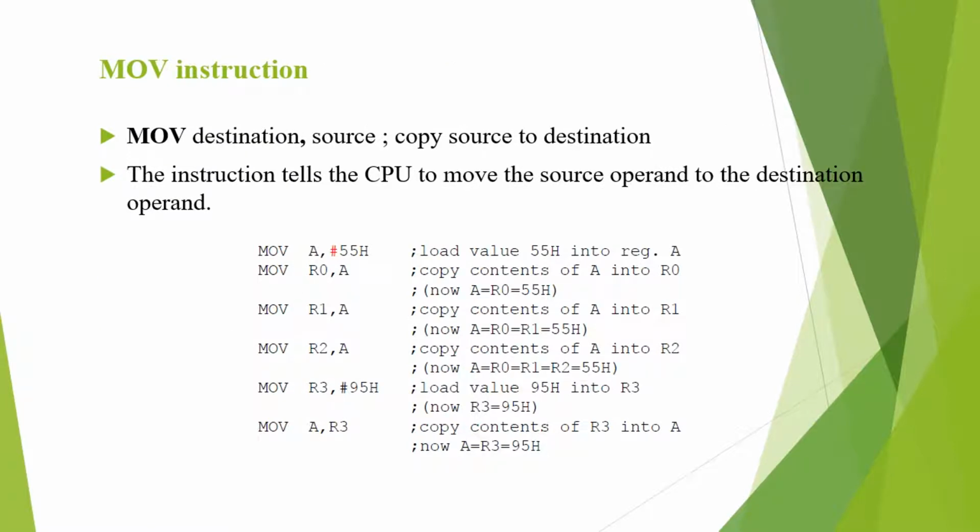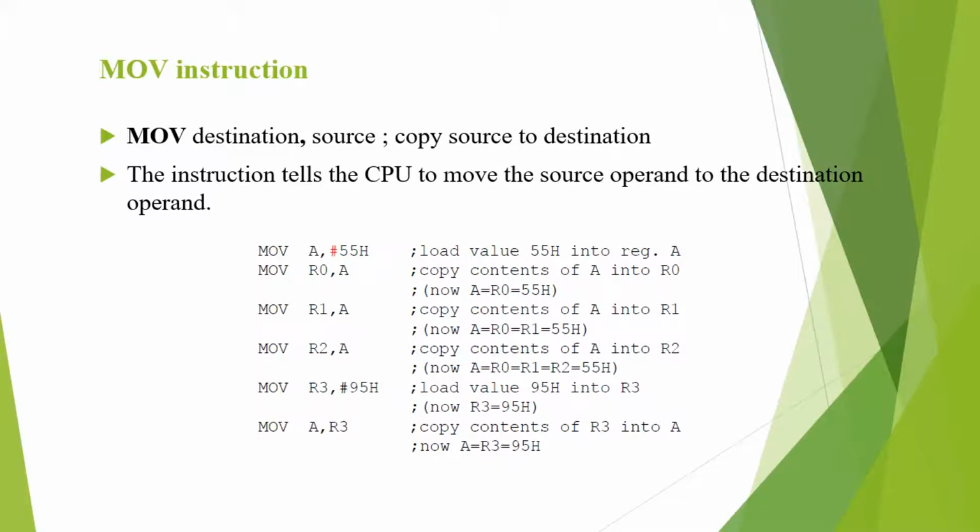To know the different general purpose registers, we'll see an example of two instructions. The first one is the move instruction, MOV. The syntax is MOV destination comma source.